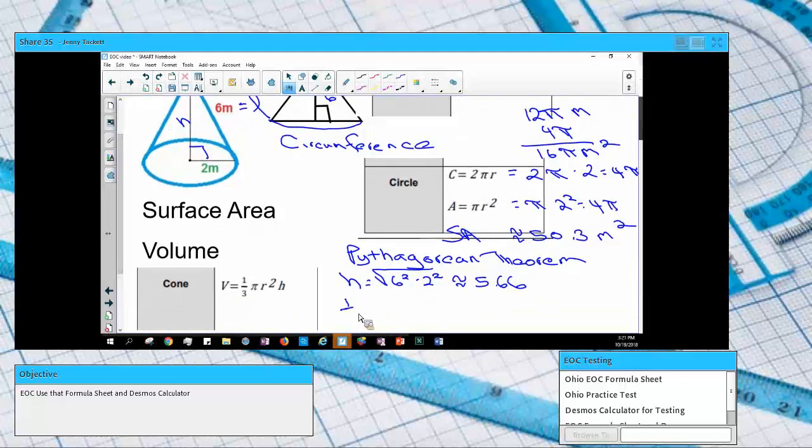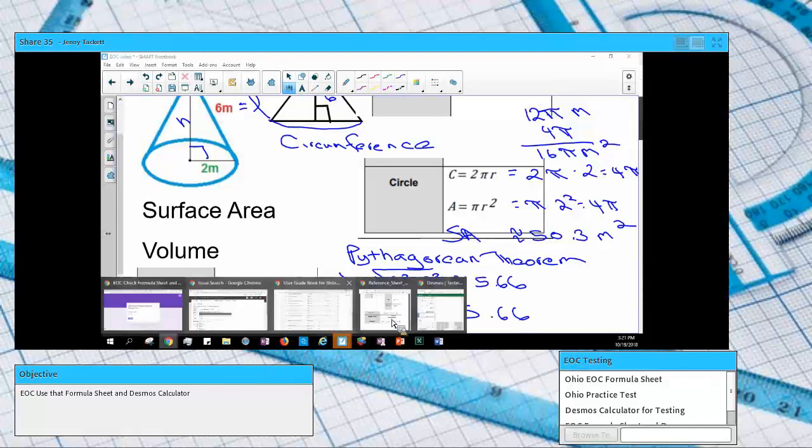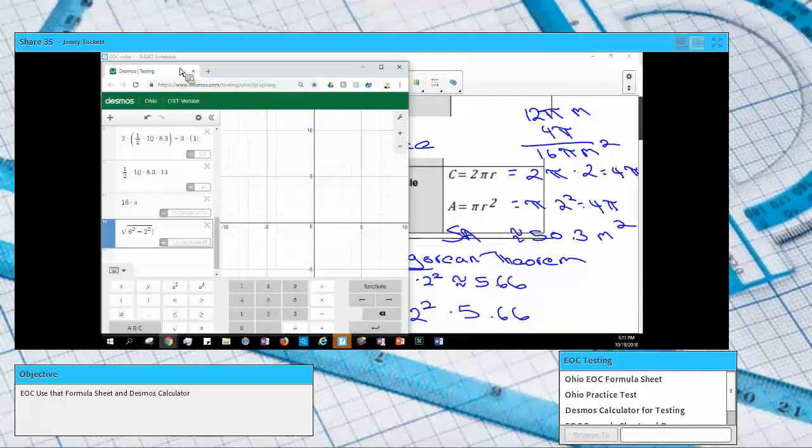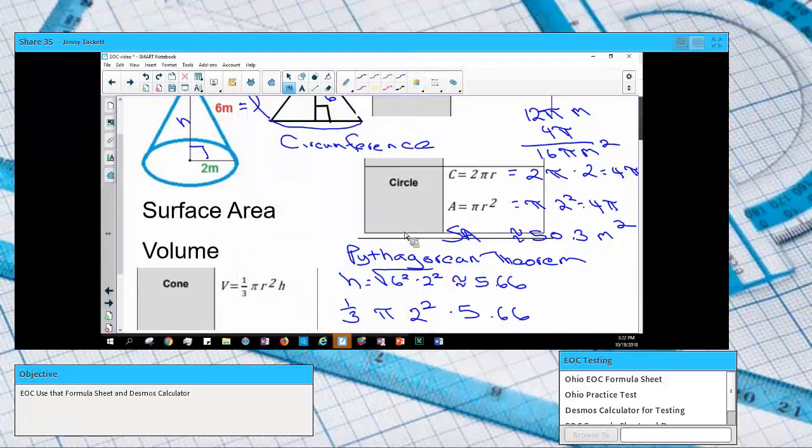So now I just go 1/3 pi 2 squared, 2 is still our radius, times 5.66. If I wanted to avoid a rounding error, I might even continue here. Maybe they don't tell us to do it in pi, so I'm going to do pi 2 squared times 1/3.